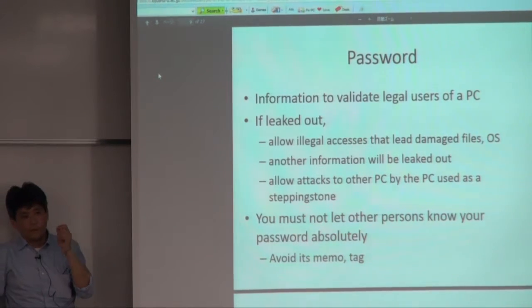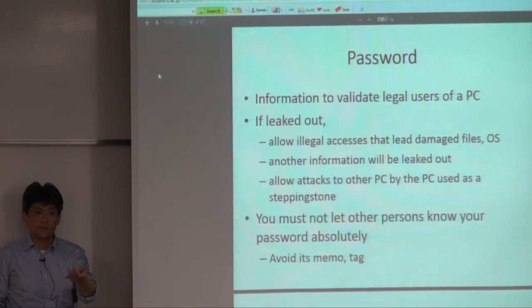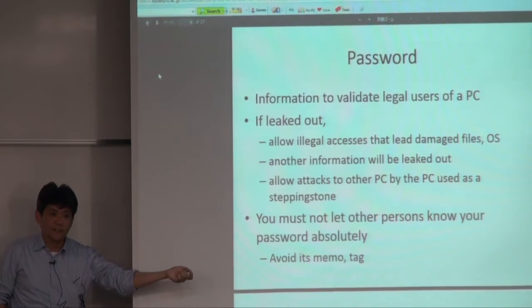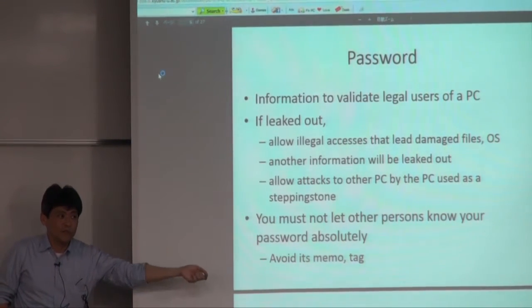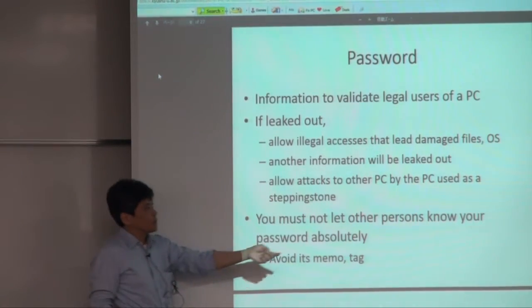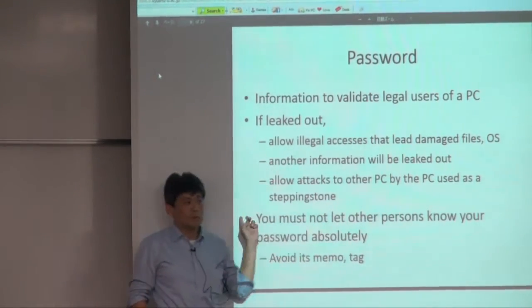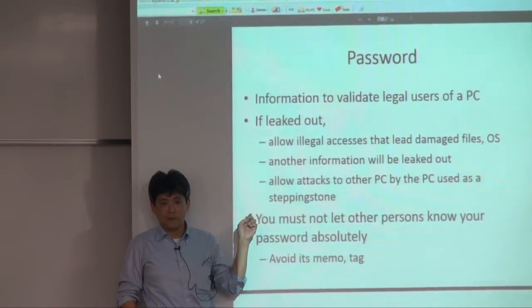So if your password was broken, your machine can be accessed illegally by the bad person. Such a person can also access other users' PCs, using your PC as a stepping stone.